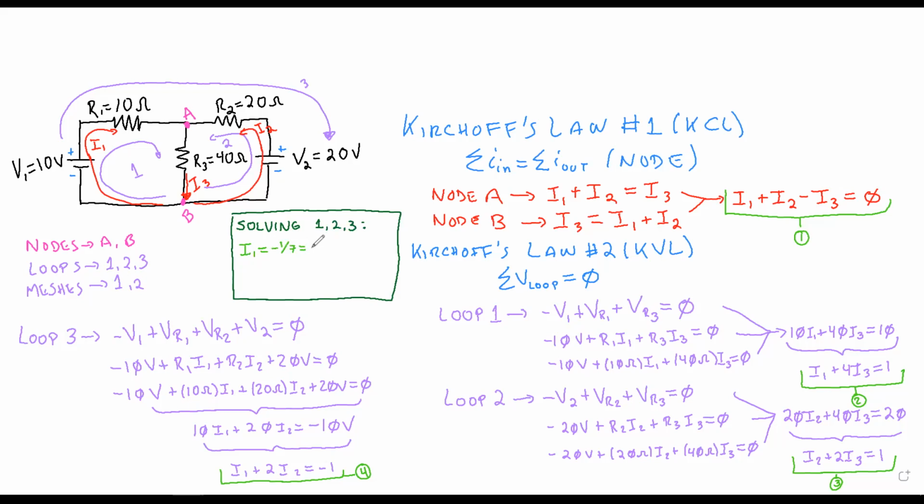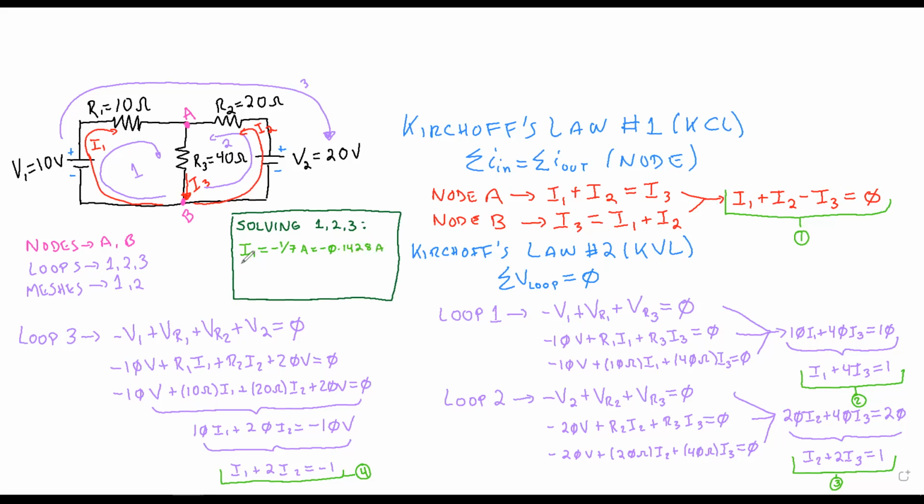Okay, now these are amps. 0.1428 amps. Remember that values for current should be small. And it's negative, which is important, and we'll talk about that in a moment.